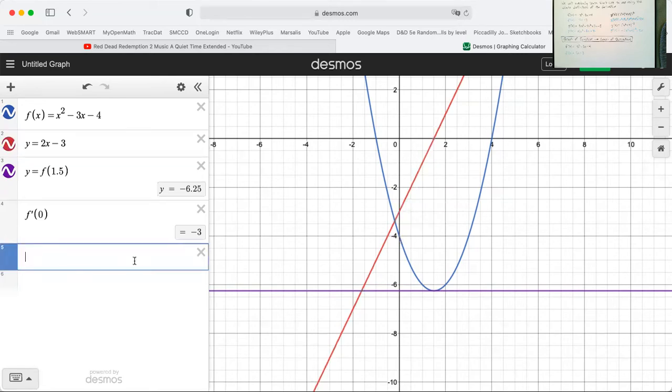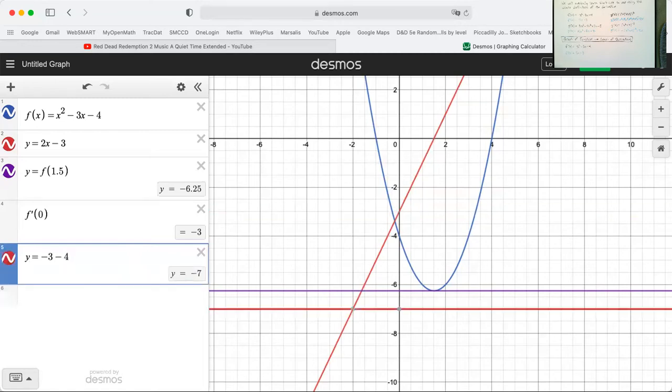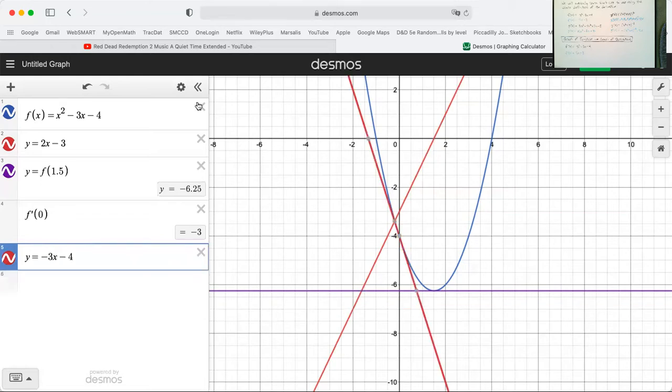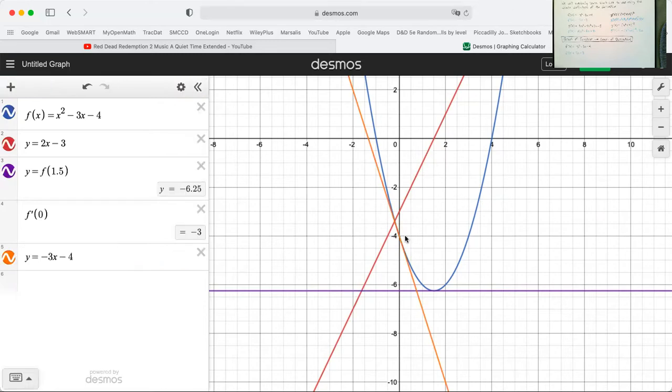If I graph that line with a slope of negative 3 and a y-intercept of negative 4, negative 3x minus 4, then I can see that we get the tangent line.